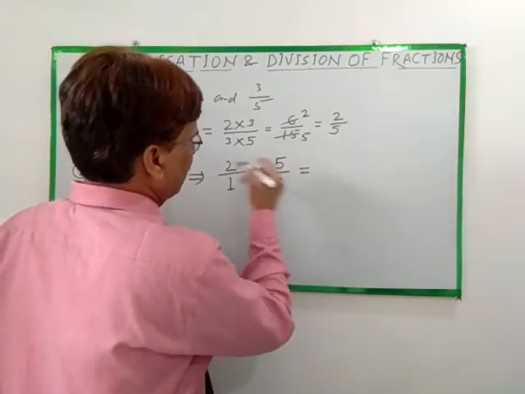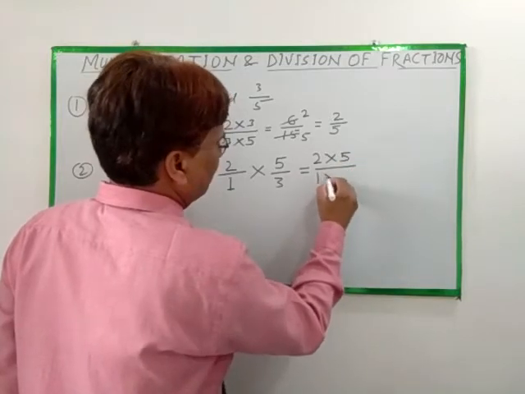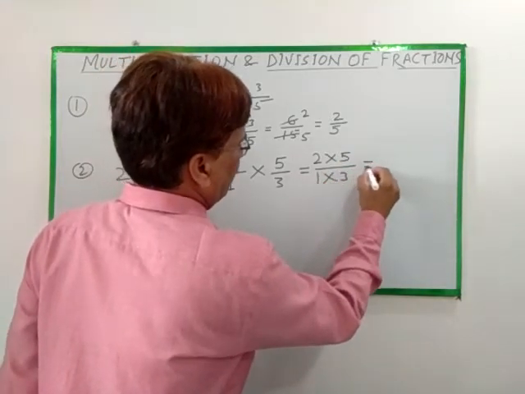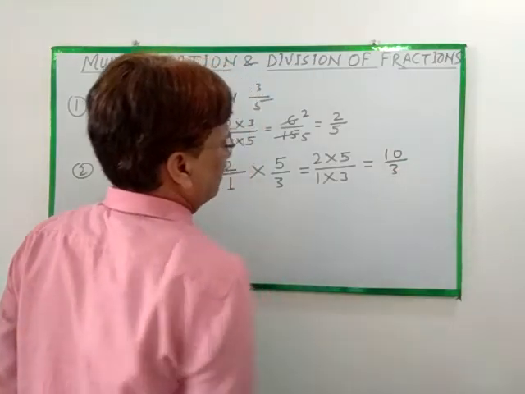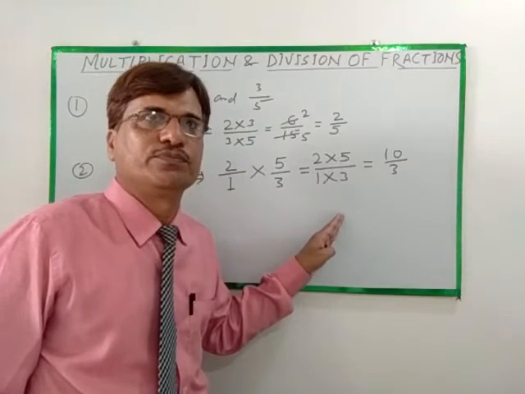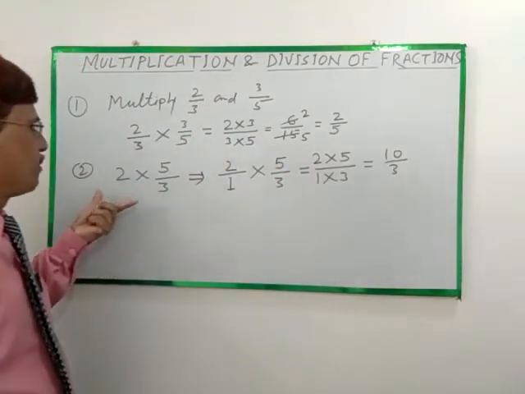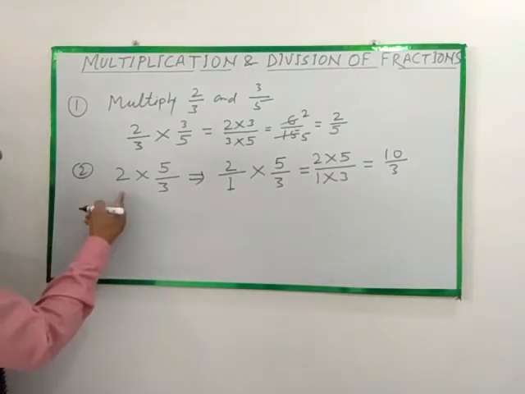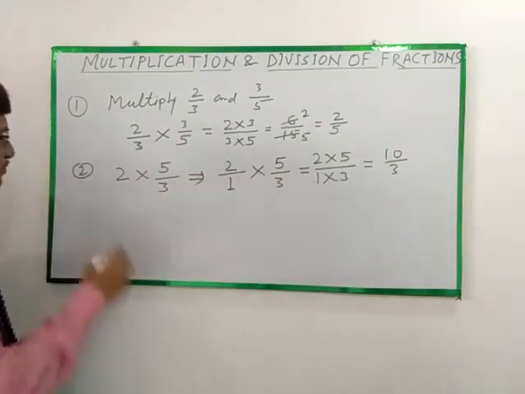Then we multiply numerator to numerator and denominator to denominator. 2 times 5 is 10 upon 3. Okay. Have you any problem? No. So if there is no denominator, you have to write 1.